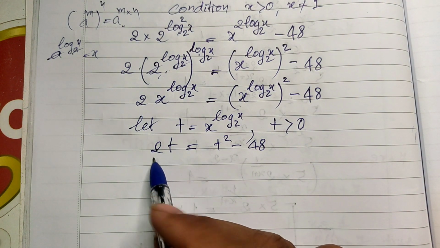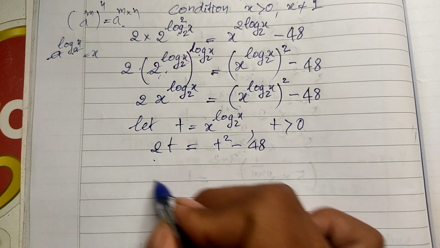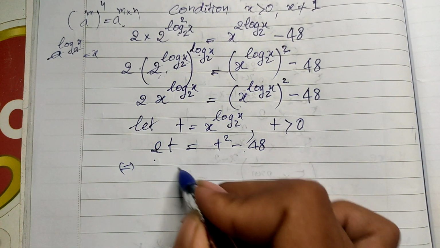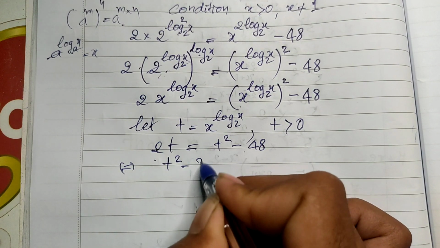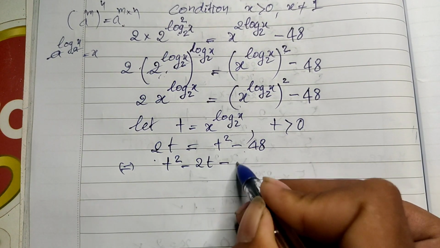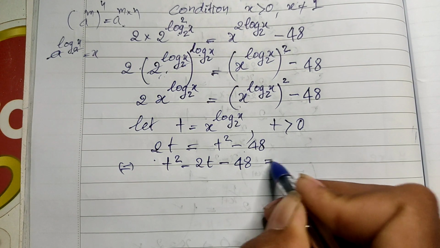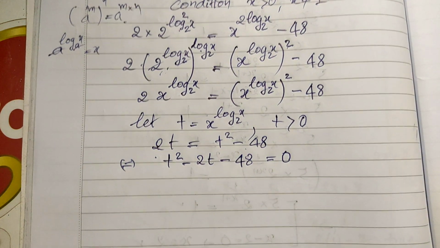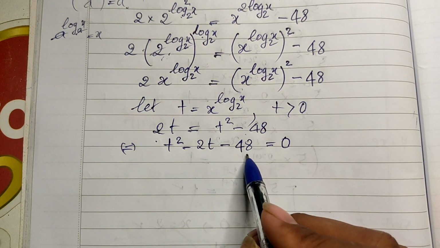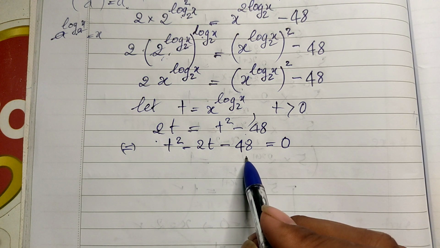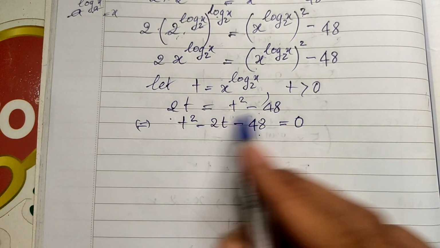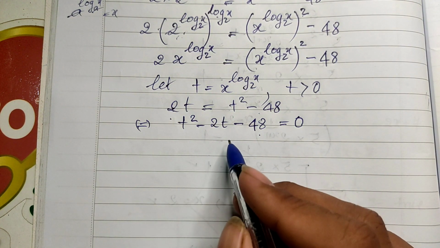I move this from the right side to the left hand side, so I get the new equation t squared minus 2t minus 48 is equal to 0. Now we can factor this.